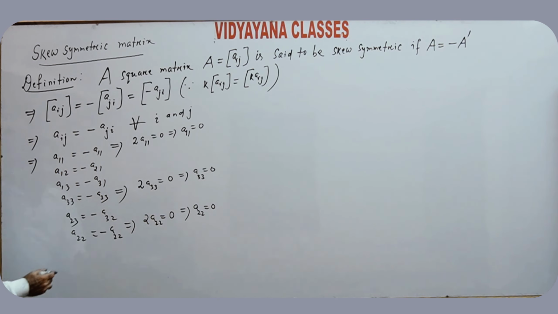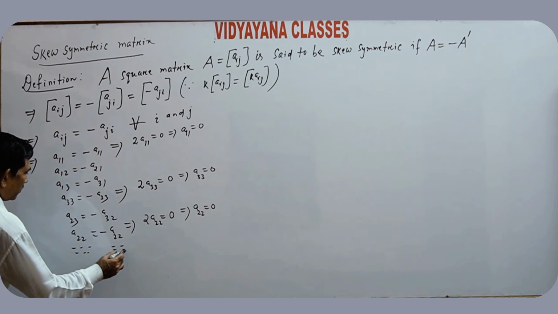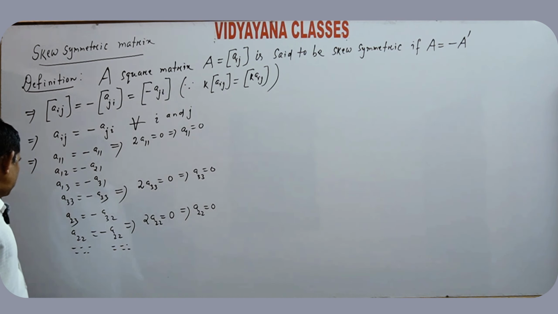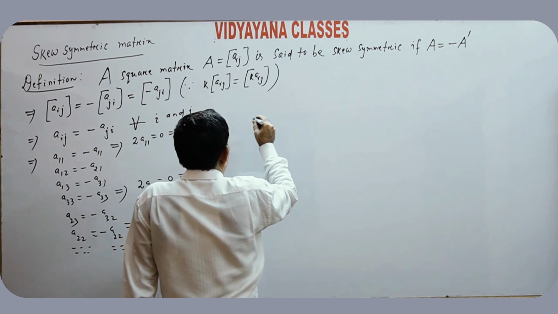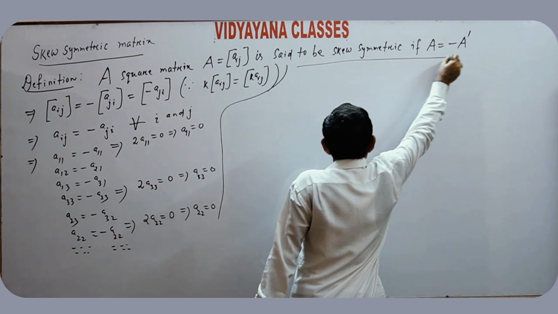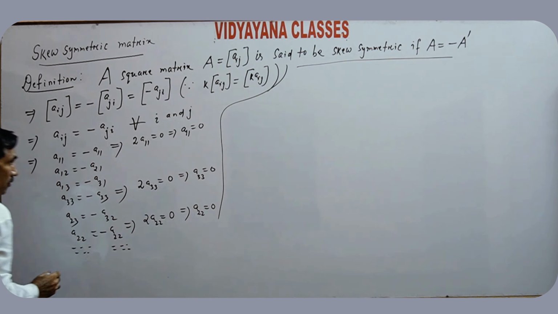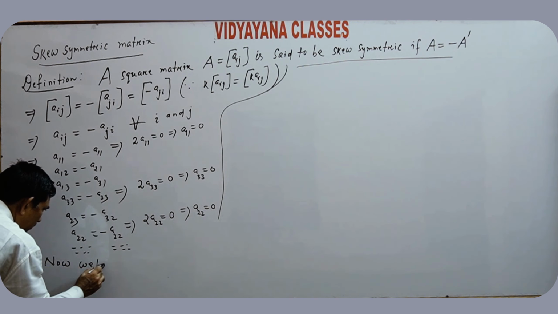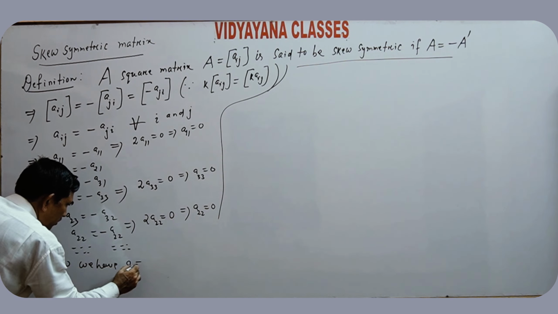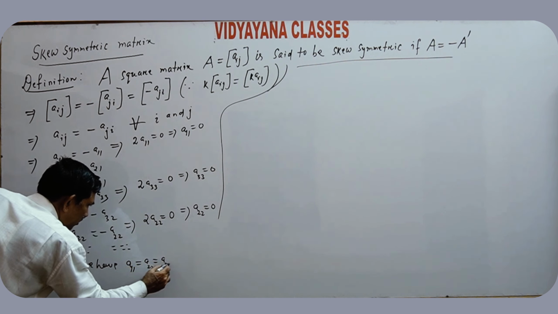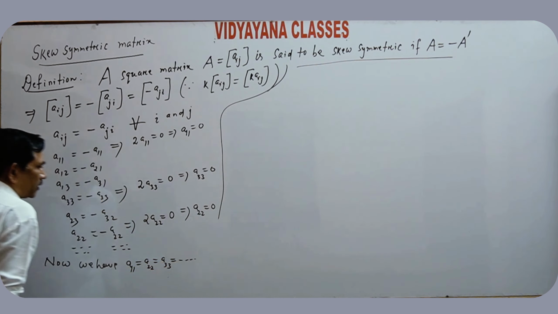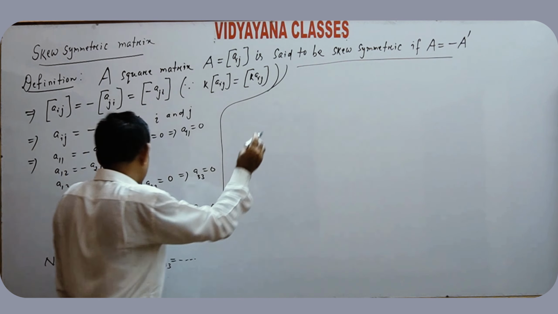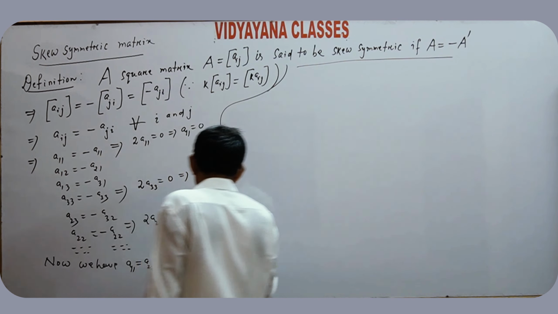From the above discussion, we have A11 is equal to A22 is equal to A33 is equal to A44 and so on. That implies they are all equal to 0.